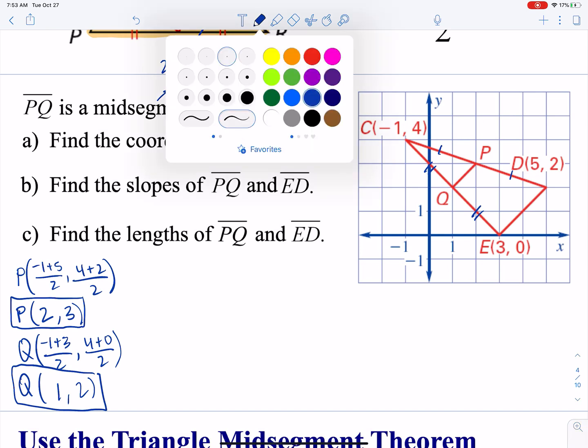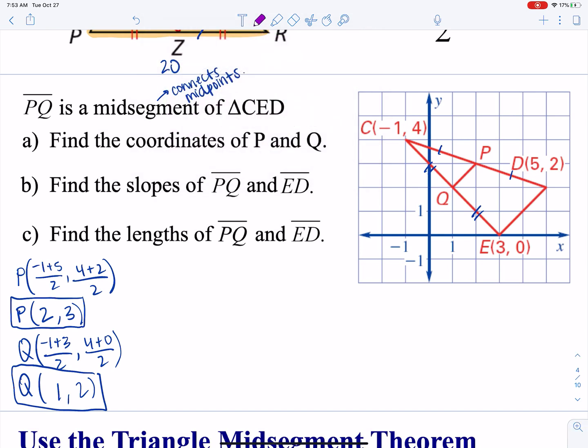Now problem B asks us to find the slopes of PQ and ED. The slope of PQ, we certainly could do the slope formula with these two points, but we could also count rise over run in the picture.